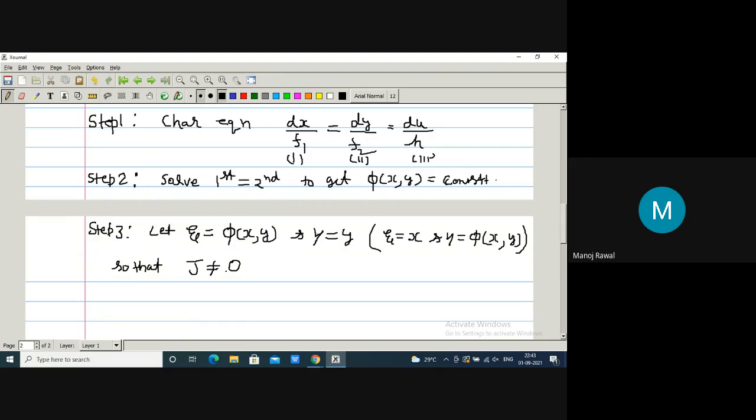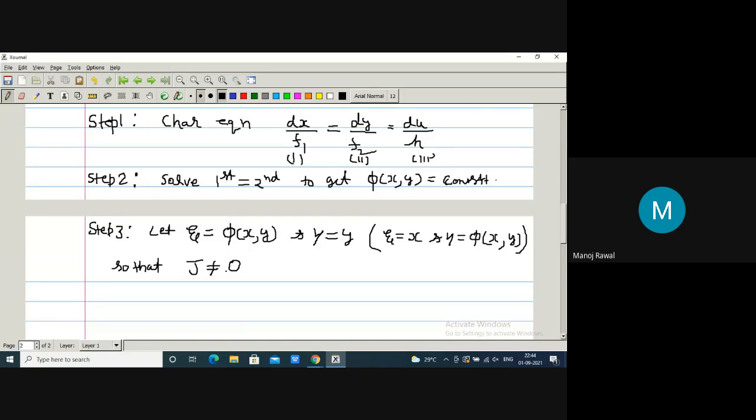Since you have not done Wronskian, let me tell you, if the Jacobian is 0, then they are dependent, that means they are scalar multiples of each other. But if the Jacobian is non-zero, then they are linearly independent, and hence cannot be written as a scalar multiple of the other.